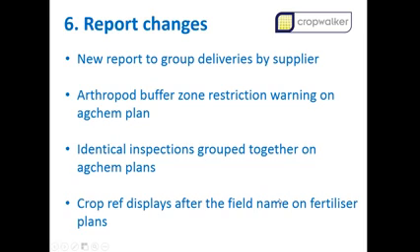Okay then, to look at the report changes, there are 4 main changes that I want to point out. So the first one is a new report to group deliveries by supplier. So if you're using a number of different suppliers, or even just 2, and you want to look at your deliveries and group them together by who supplied what, you can do that now.